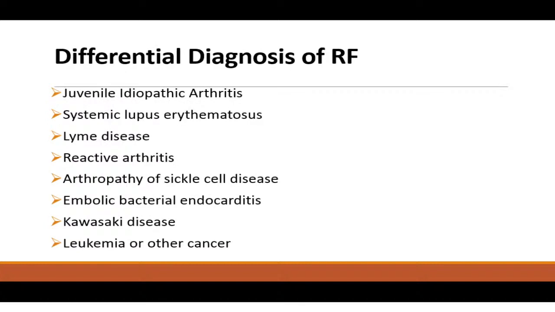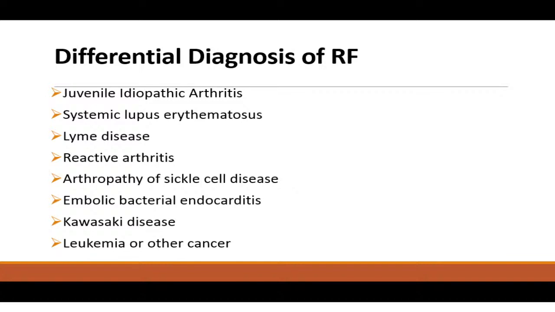So we should differentiate rheumatic fever from some other autoimmune diseases or different inflammatory processes in the organism. More often in children and adolescents, we should differentiate acute rheumatic fever from juvenile idiopathic arthritis.